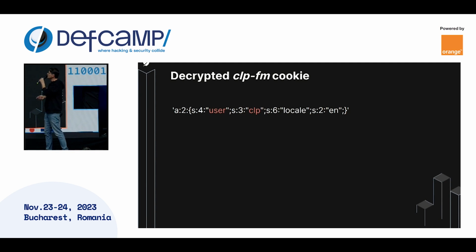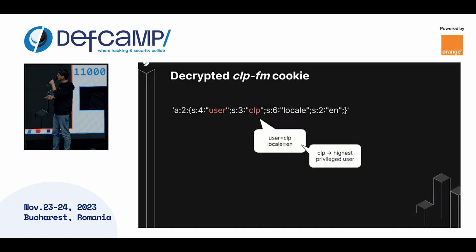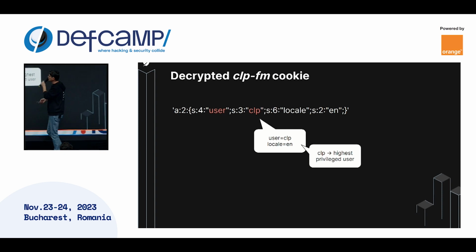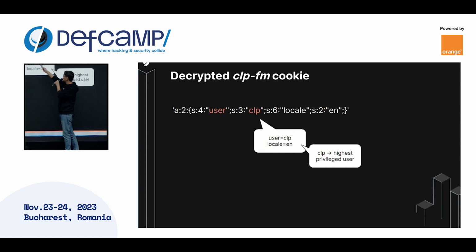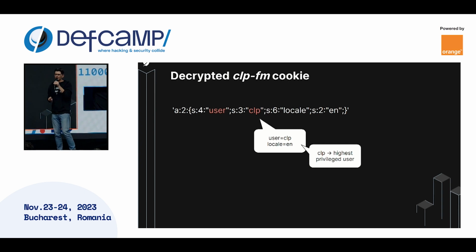So this is the famous clp-fm cookie decrypted, and you can see that it's a serialized array, and it contains two members, user equals clp. And why clp? Because it's the highest privileged user that CloudPanel installs on the server, and it is able to manage all the sites, all the websites, on the server.